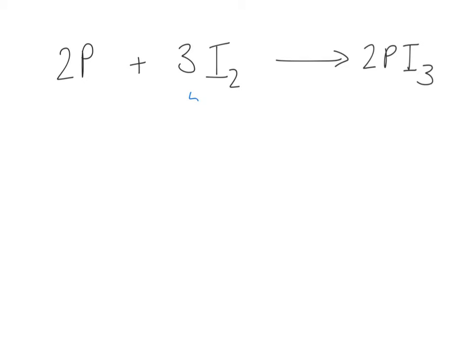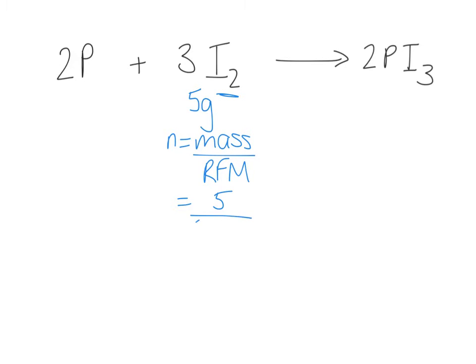So we said that we have 5 grams of iodine, and we can work out our number of moles by using our equation, n equals mass over RFM. Now we have to remember that it's I2, so our RFM is going to be 2 times the relative atomic mass of iodine. So it's going to be 5 grams over 2 times 127, which is the relative atomic mass of iodine.